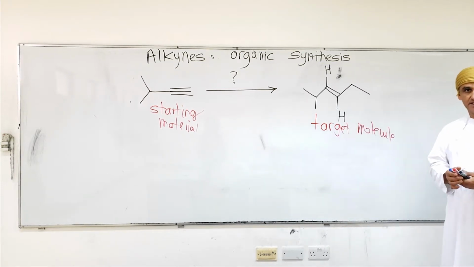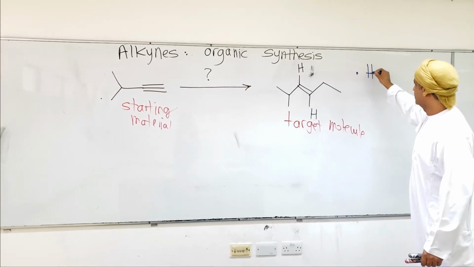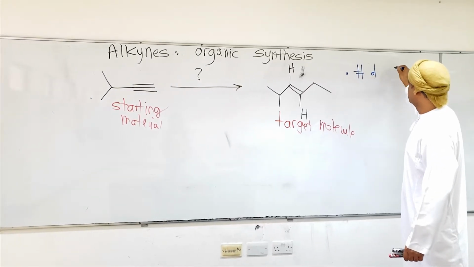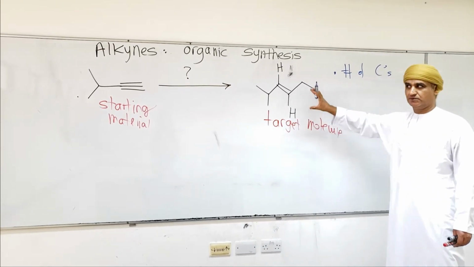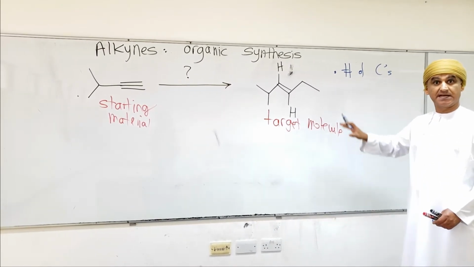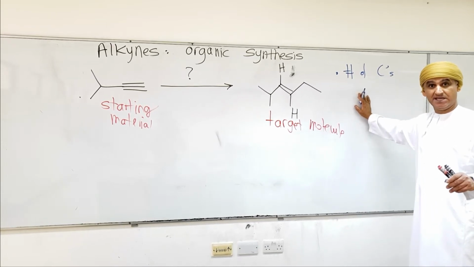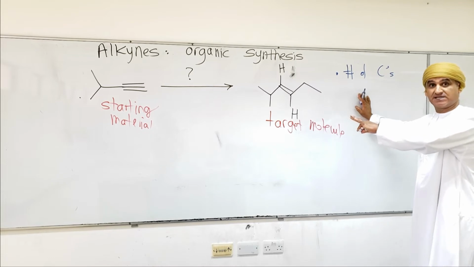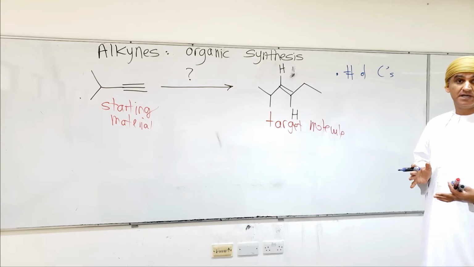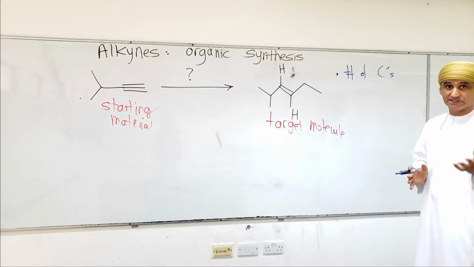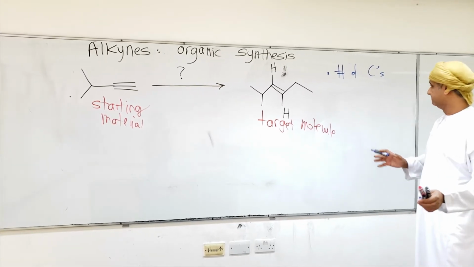I would say the first one is the number of carbons in the target molecule relative to that in the starting compound. Is there an increase in the number of carbons, or a decrease, or the same? If it's the same, then that is simple chemistry. There's no bond formation reaction, there's no cleavage reaction, for example ozonolysis or KMnO4-induced cleavage reaction that we have learned.